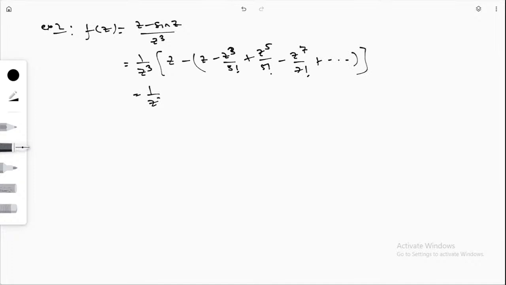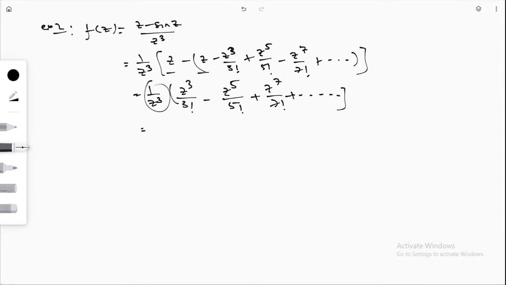So this will be 1 by z cube times, if I subtract z, then what is left? This will be z cube by 3 factorial, then z to the power 5 by 5 factorial, plus z to the power 7 by 7 factorial, minus and so on.